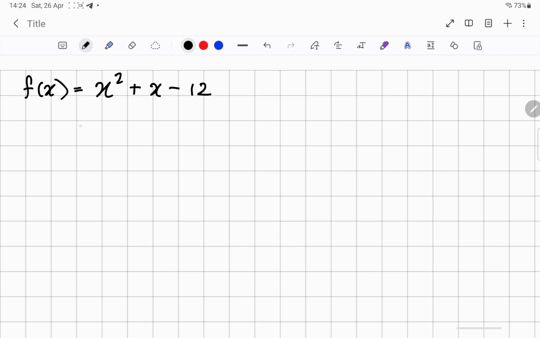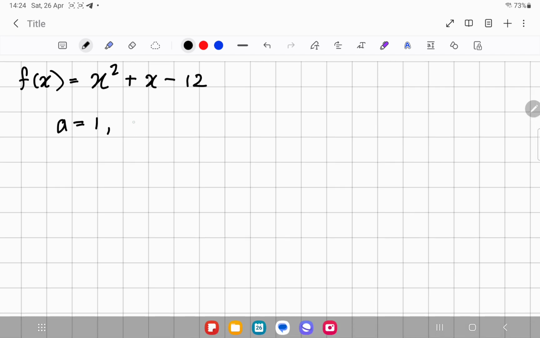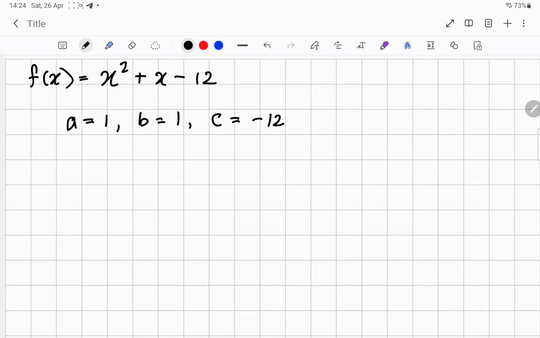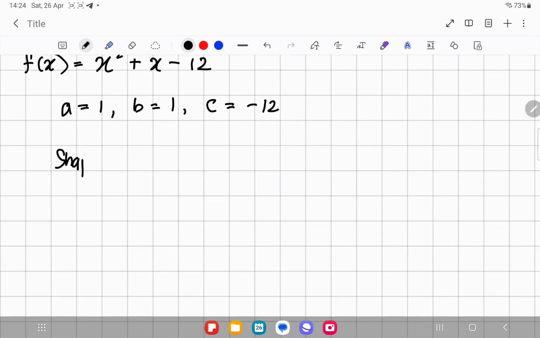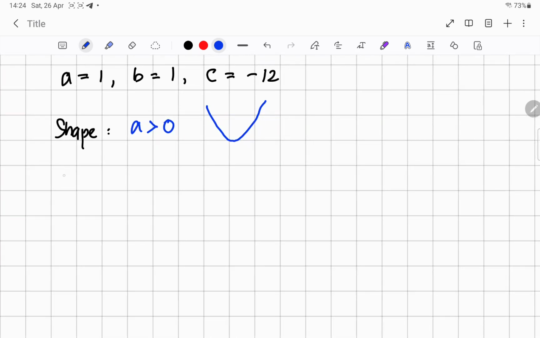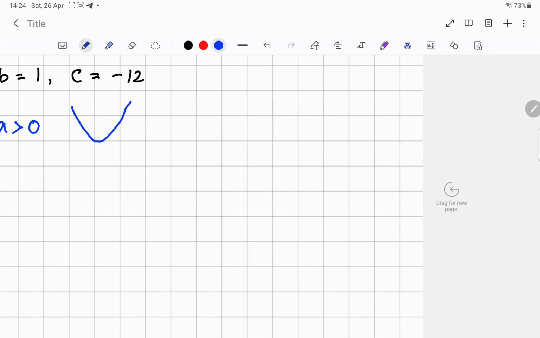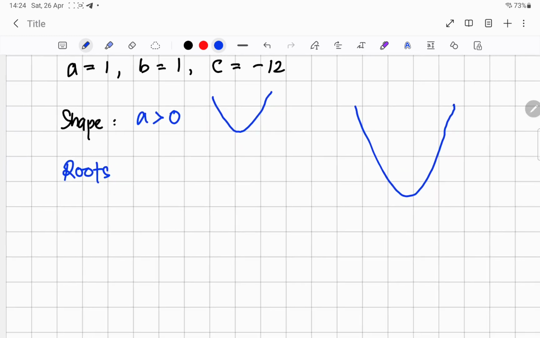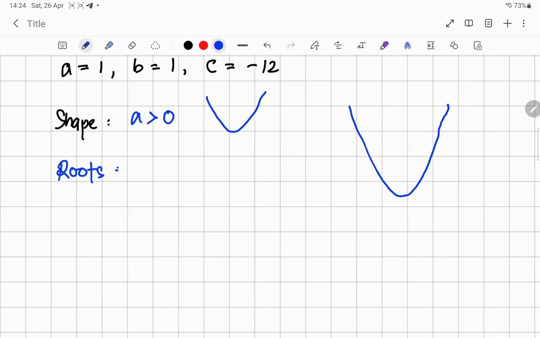First, the ABC. A is 1, B is 1 also, C is -12. What is the shape? A is greater than 0, a positive number, so it is a happy graph. Draw a happy graph here. Then the roots: you press the calculator and you get 3 and -4.